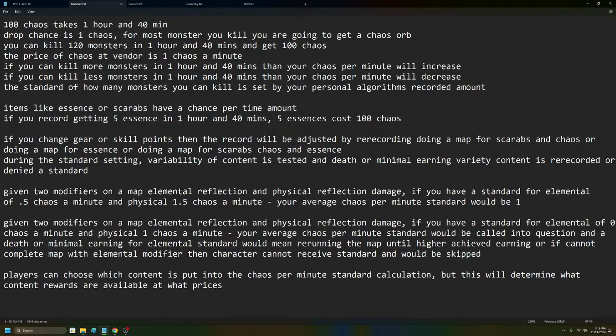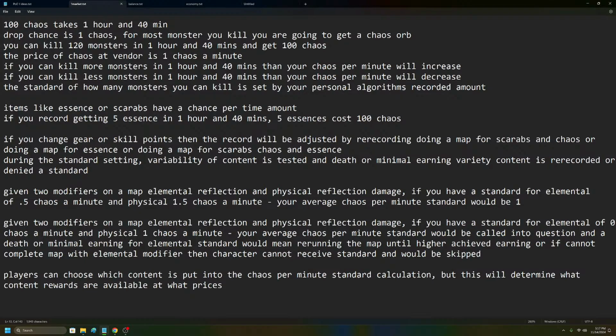Alright, so the first thing we'll talk about is the market within the vendor scenario and kind of how you get the automated profile customization of what it's going to run.